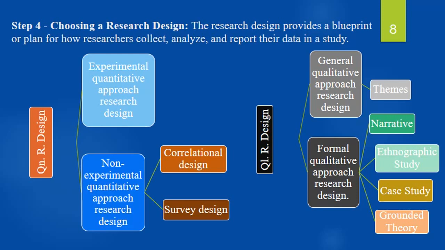This research design provides a blueprint or plan for how researchers should collect, analyze, and report their data in a study. We normally find the description of the research design in the methods section of a research report or article.